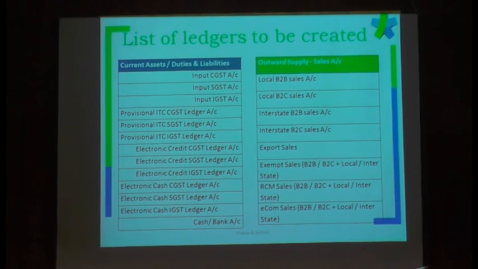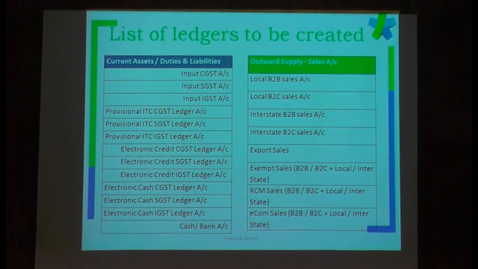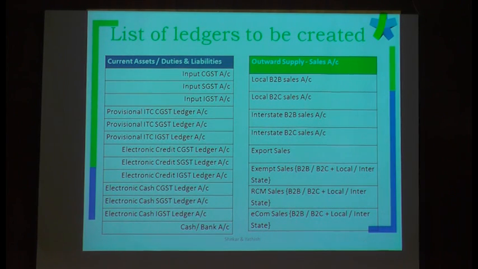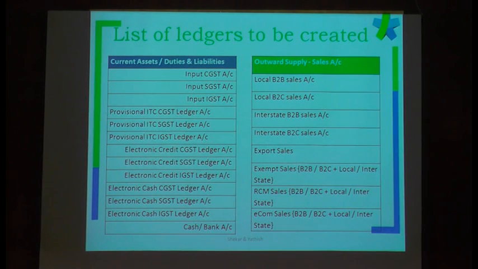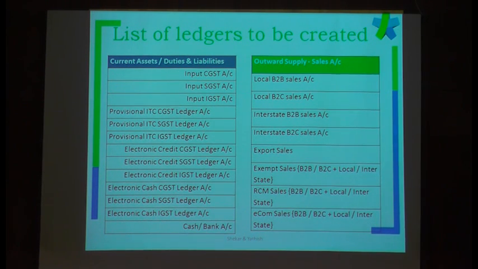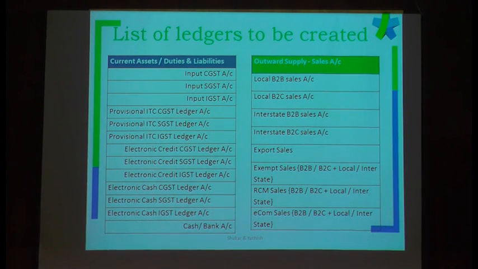In this provisional ITC return, generally one is uploaded by the supplier of services, and I will be able to download that 2A, and that will help me to generate the 3B. So when I get that information, it should match with my provisional, because there could be a possibility that the vendor has not uploaded his returns.